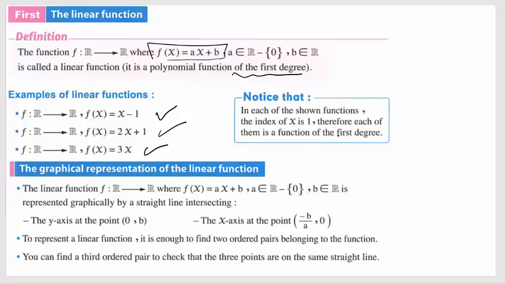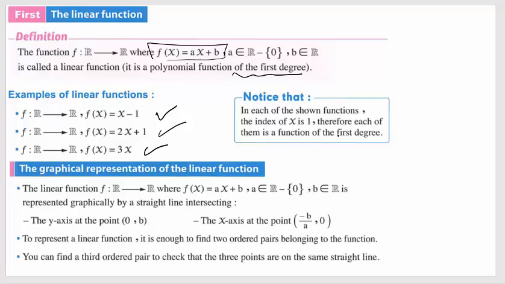The most important points here are the intersection points with the main axes. What are the main axes? The main axes are the x-axis and y-axis, and as we said before, any point that lies on the x-axis has its y-coordinate equal to 0, and any point that lies on the y-axis has its x-coordinate equal to 0.